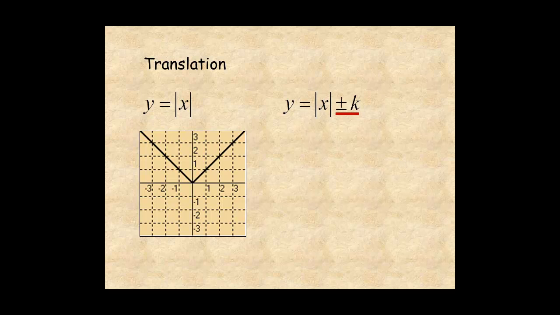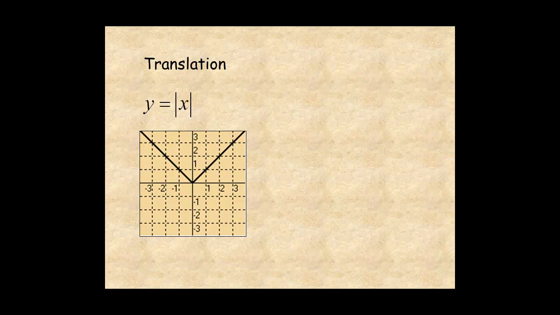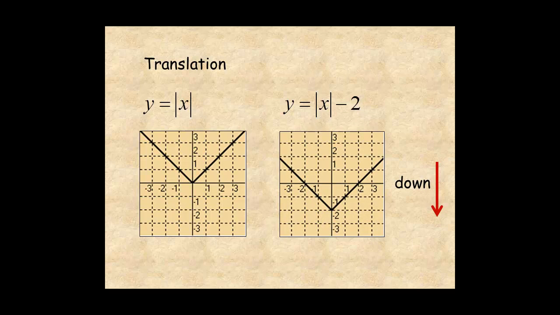For example, if you add 1 to the function, the graph translates 1 unit up, and the vertex is now at +1 on the y-axis. If you subtract 2 from the function, the graph translates 2 units down, and the vertex is now at -2 on the y-axis.